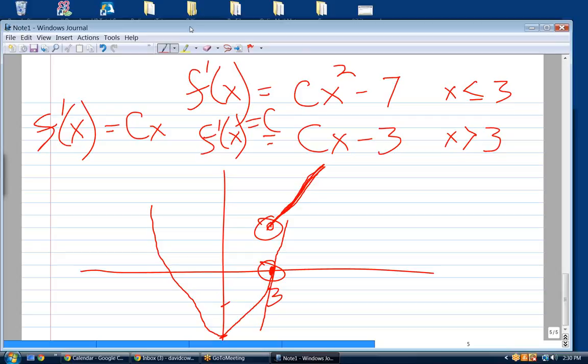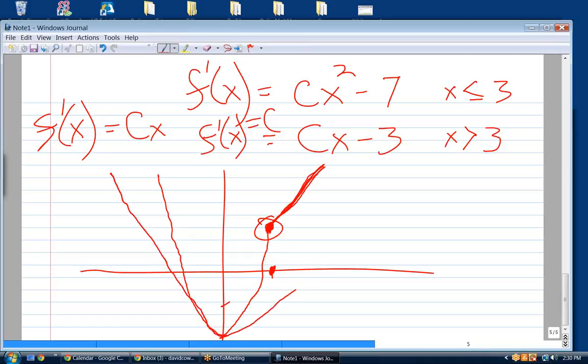In other words, the picture that must be the case is this. And in order for us to get that picture, C would have to be narrow enough. If I were to draw a parabola with a different value of C, it wouldn't intersect at that point.